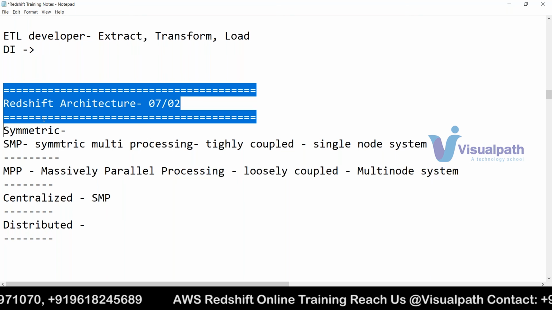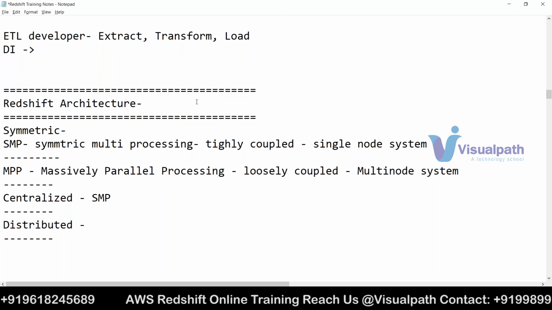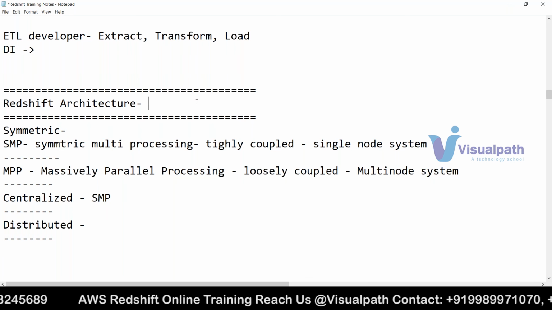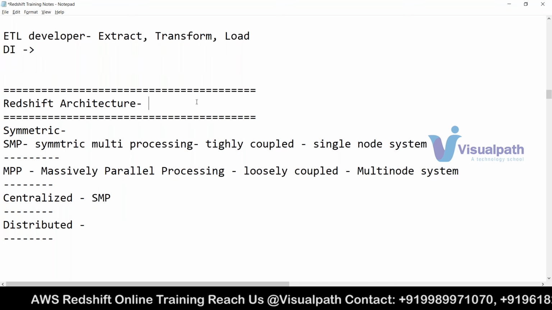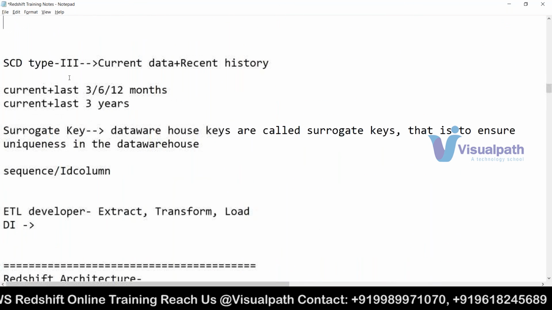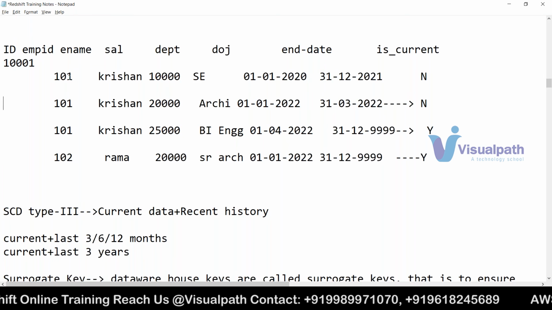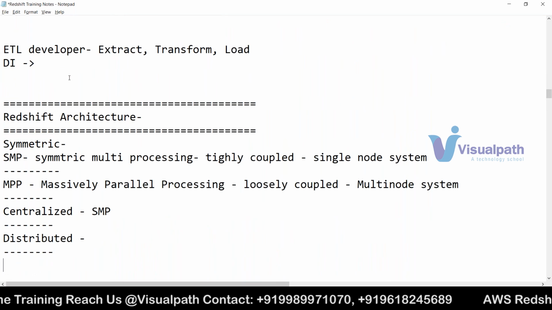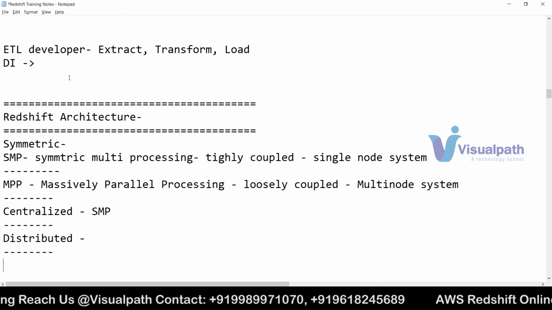So this week we are going to start Redshift, or do you have any plan? Tomorrow we will be covering SCD type 1, type 2, and type 3. Especially type 2, I will tell you how it is implemented. After that, the architecture will start. Tomorrow we will be starting Redshift.